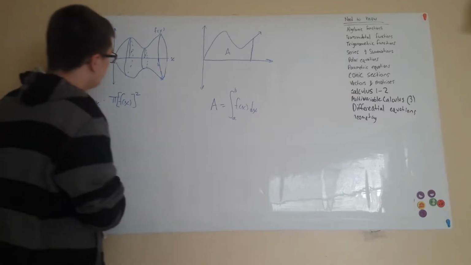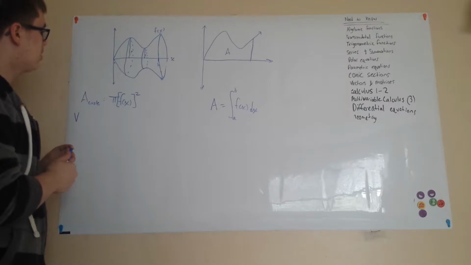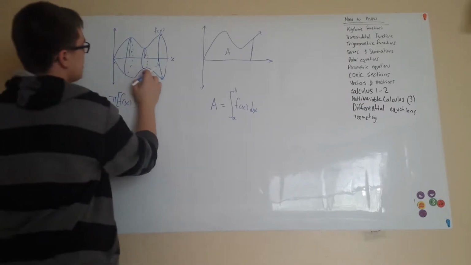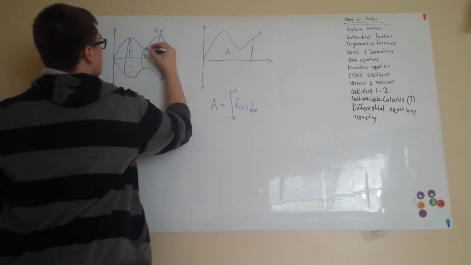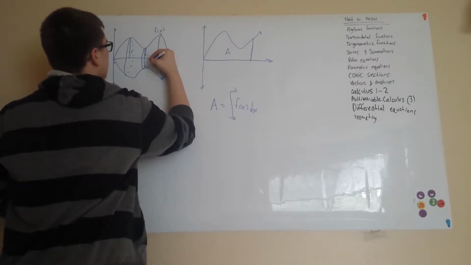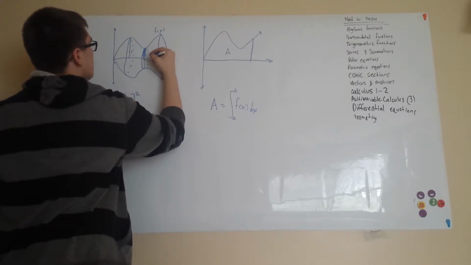So the volume, this disk has a width, right? This disk has a little thickness. So let's say it's this thick. So it's a little disk. I'm going to shade the disk here.